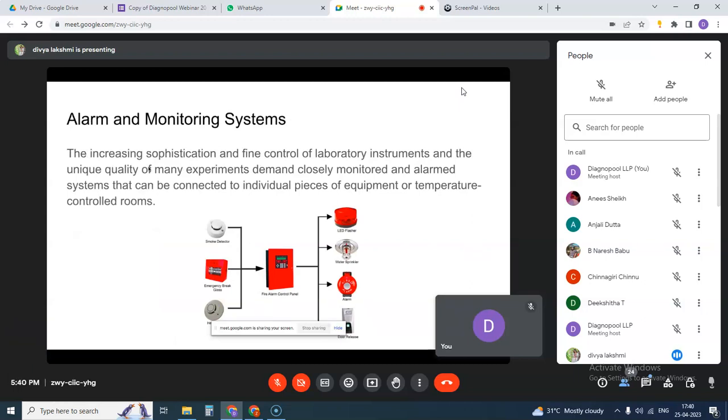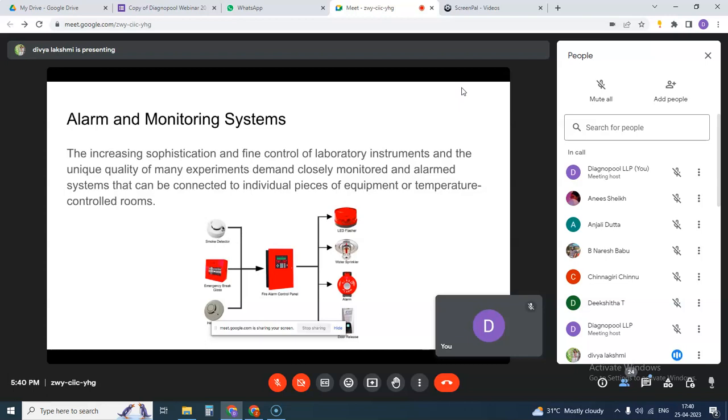Alarm and monitoring system. The increasing sophistication and fine control of laboratory instruments and the unique quality of many experiments demand closely monitored alarm systems that can be connected to individual pieces of equipment or temperature control rooms. This alarm and monitoring system is very good if it is installed properly.